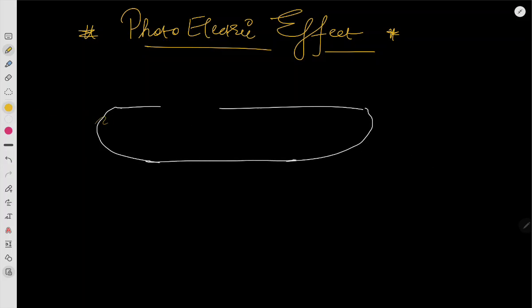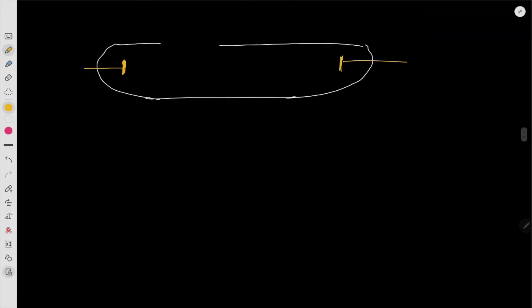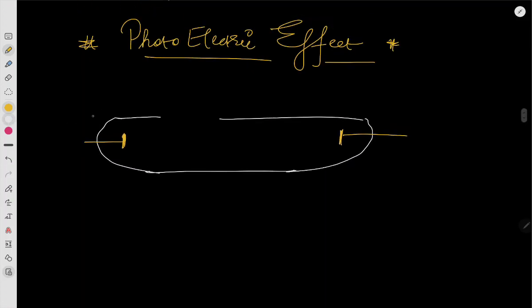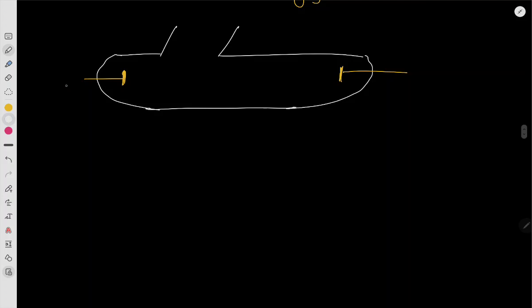And now here are metal strips of the same metal. There is this space. I'm making it large for you to identify it easily. And now let us go on modifying our circuit. To complete the circuit, there must be a battery, which is obviously present over here.